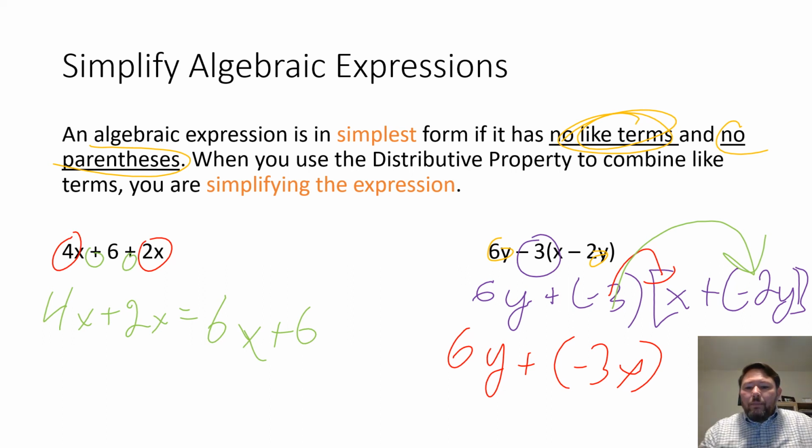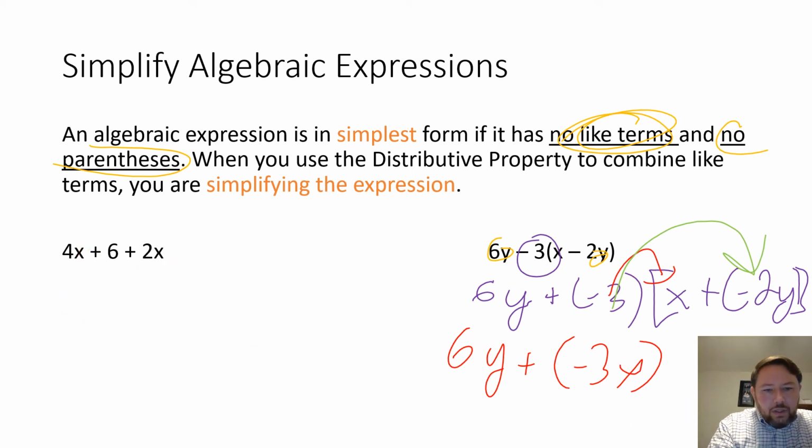So we are writing our purple line. We're rewriting our purple line where we have multiplied -3 times x, and now we're multiplying -3 times -2y, and we're running out of space. So I'm going to go ahead and erase what we did over here.